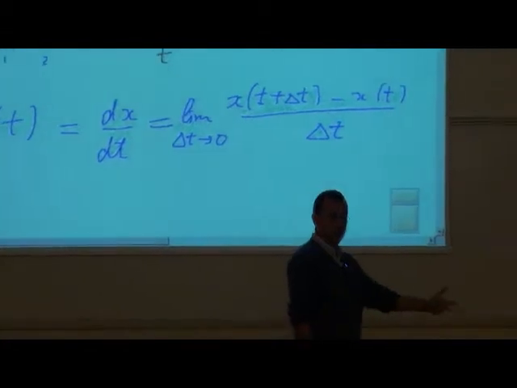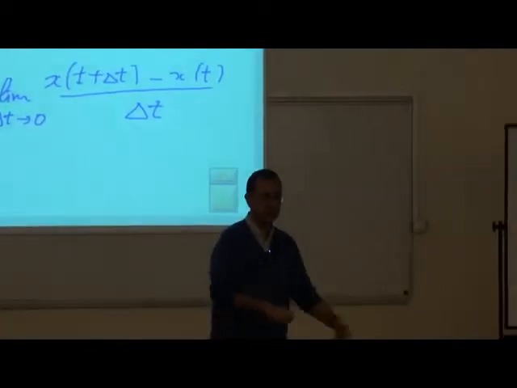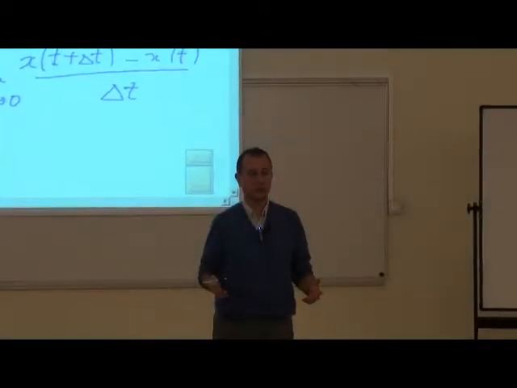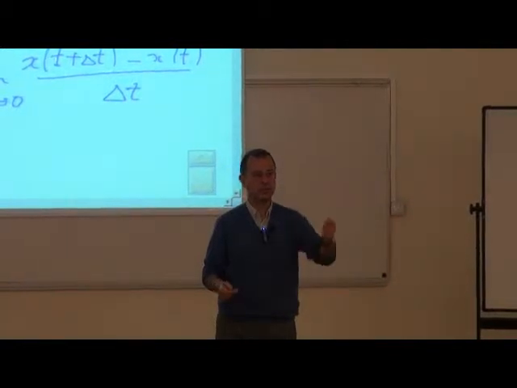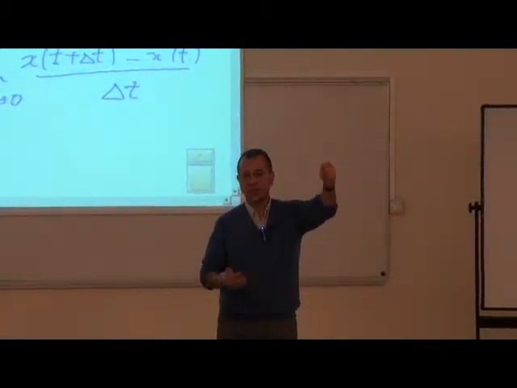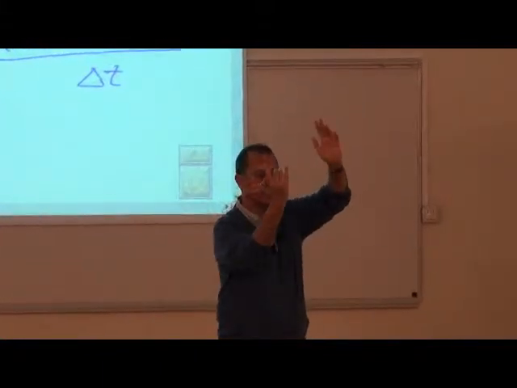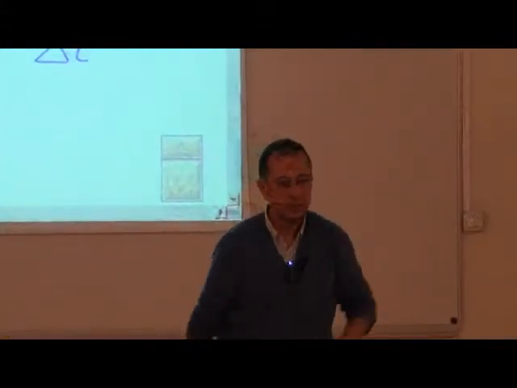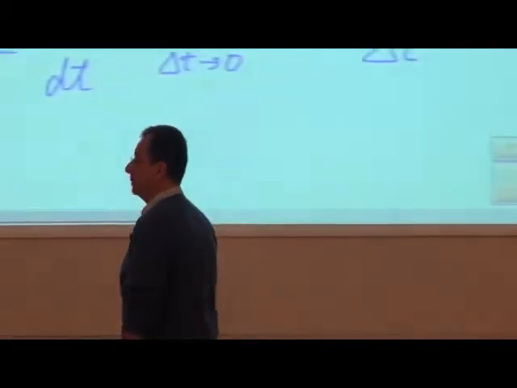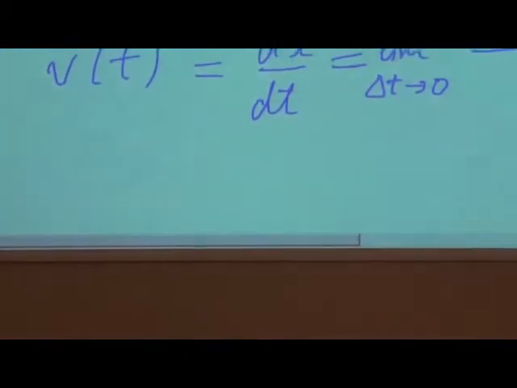But before taking this limit, short, shorter, shortest, I first imagine I'm doing it at some time t, and I know the value of the interval delta t, whatever it is. Let me just calculate the formula step by step.